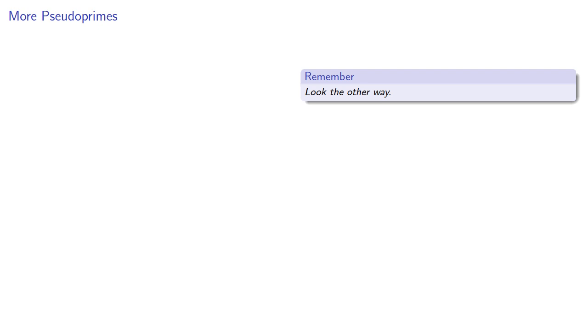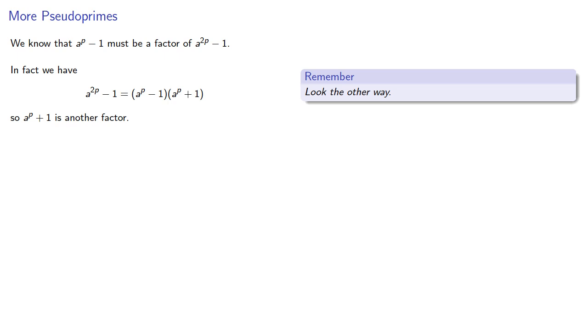But let's look the other way. We know that a to the p minus 1 must be a factor of a to the 2p minus 1. In fact, we can do the factorization, and we can see that a to the p plus 1 is another factor. So could m be 1 more than a power of a?